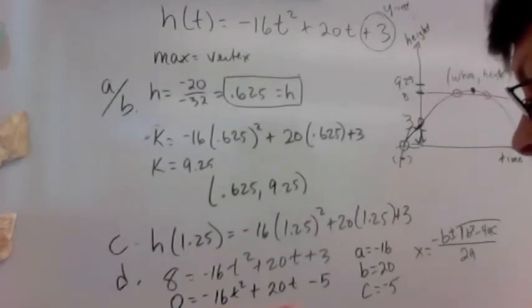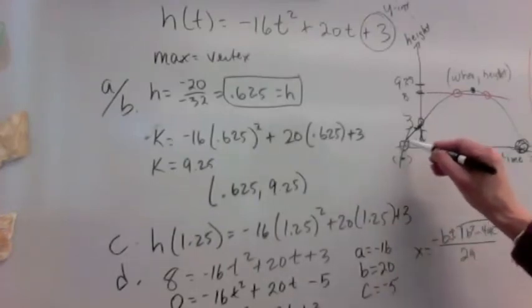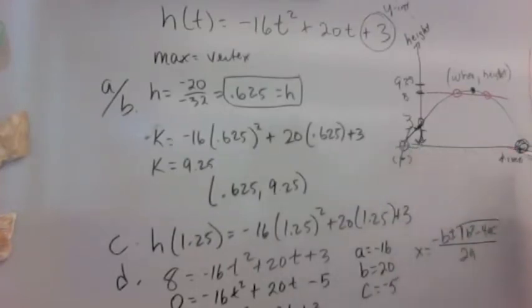Set the quadratic equation as it should be right there. And in this case, instead of using these values, we're going to use A equals negative 16, B equals 20, and C equals 3. I hope that shows up on the screen. And when you do that, you should get one negative value, which you'll disregard, and one positive value, which you will keep.